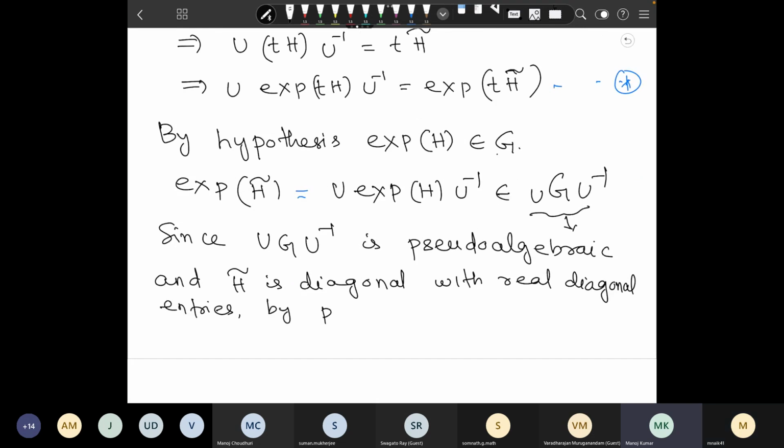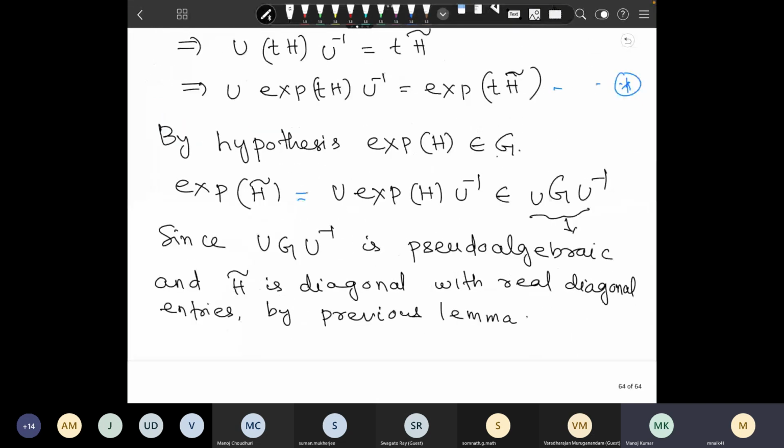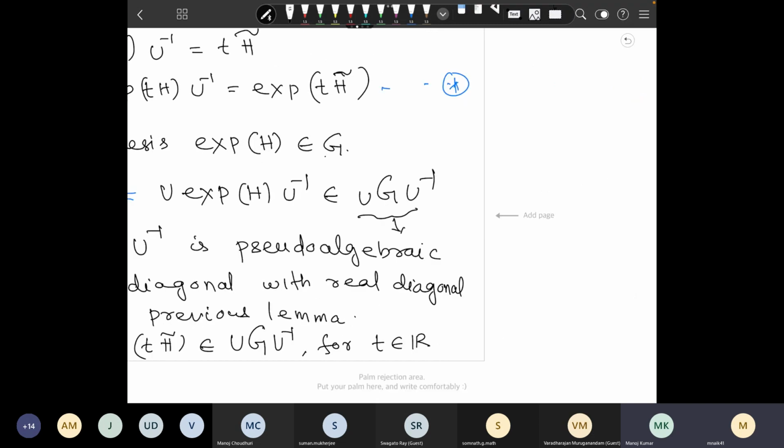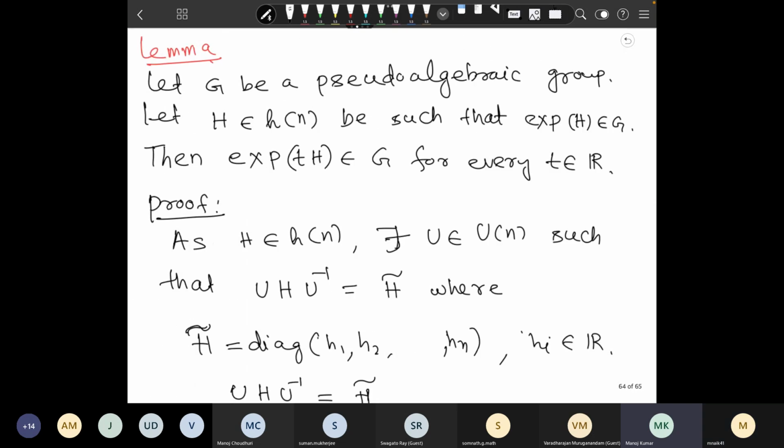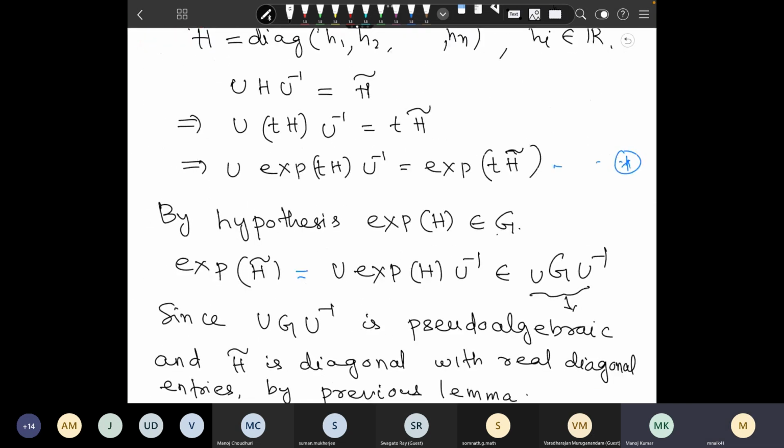So by the previous lemma, you will get that the exponential of tH tilde belongs to U G U inverse for t belonging to R. And from star, this is really U exponential of tH U inverse.